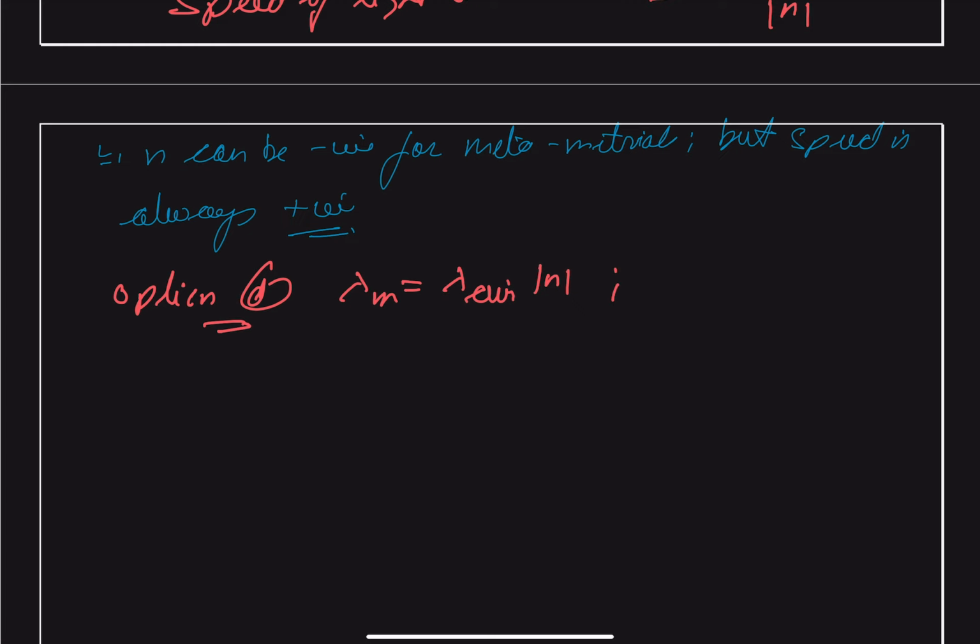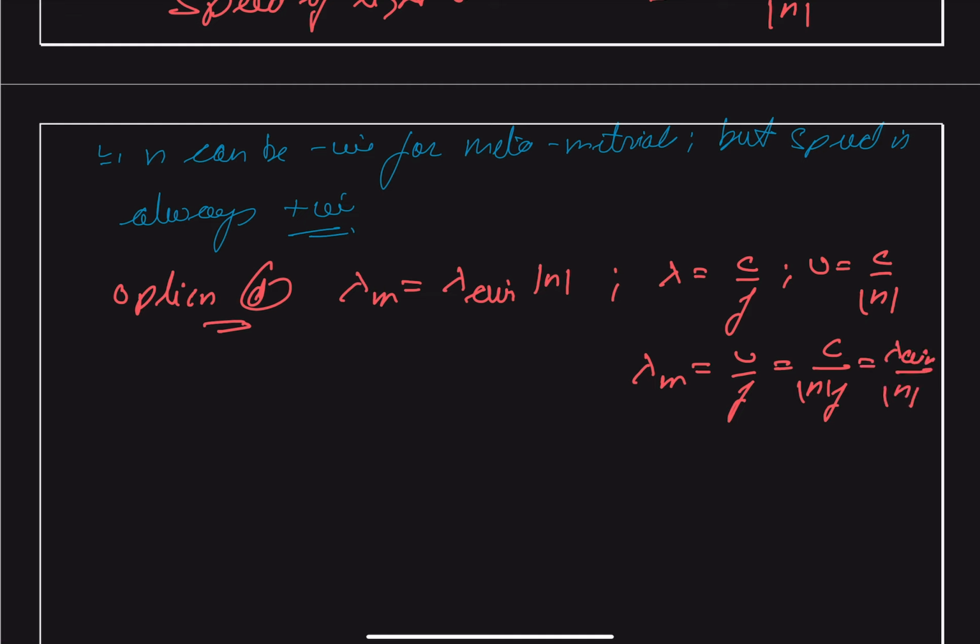We know that this is incorrect because lambda is C upon frequency, and we know that V is equal to C upon modulus of n. So based on this, we can write that lambda of m will be equal to V upon F, which will be equal to C upon modulus n multiplied by F, and that gives us lambda of air divided by modulus of n.